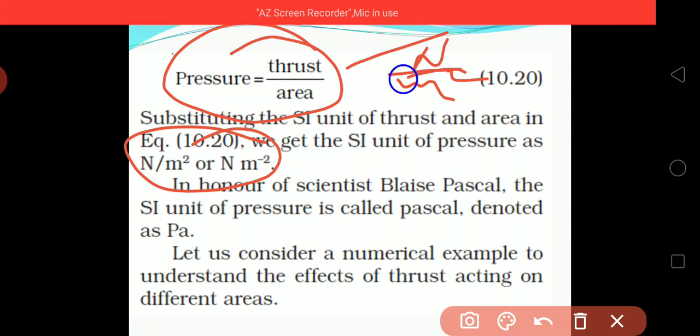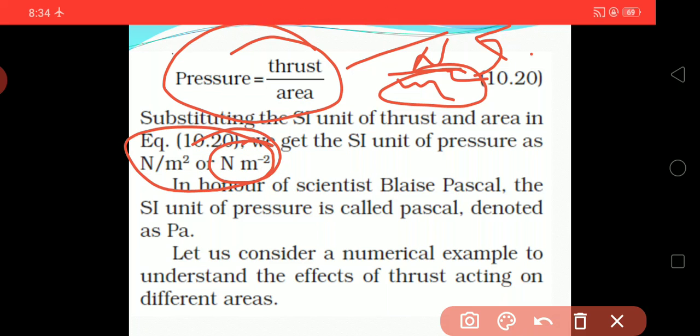If we take the denominator to the numerator, the denominator comes upward, so it will be Newton per meter square.